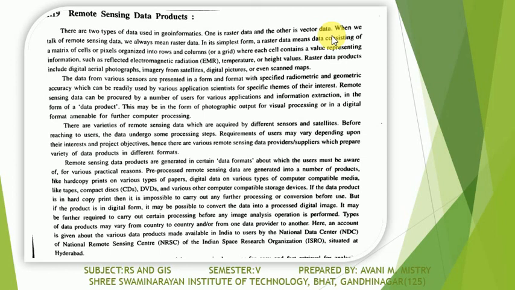The types of data product may vary from country to country, and from one data provider to another. However, here an account is given about the various data products made available in India to users by the National Data Center of the National Remote Sensing Centre of the Indian Space Research Organization, ISRO, situated at Hyderabad.